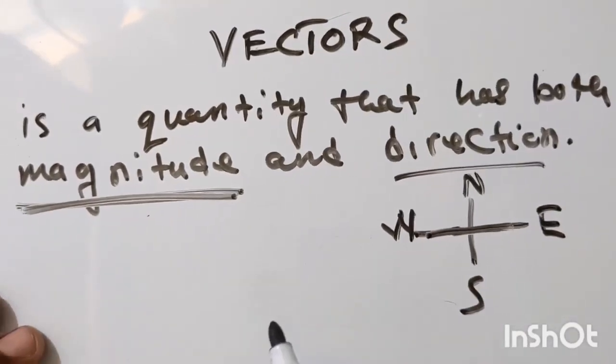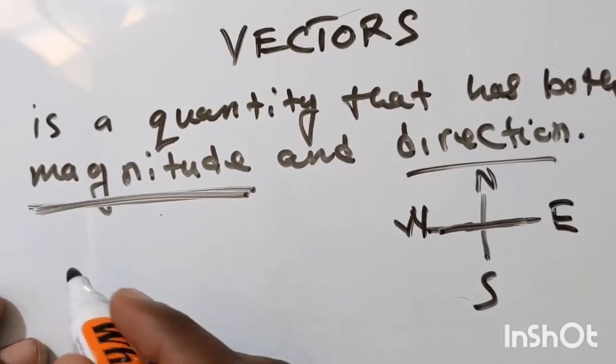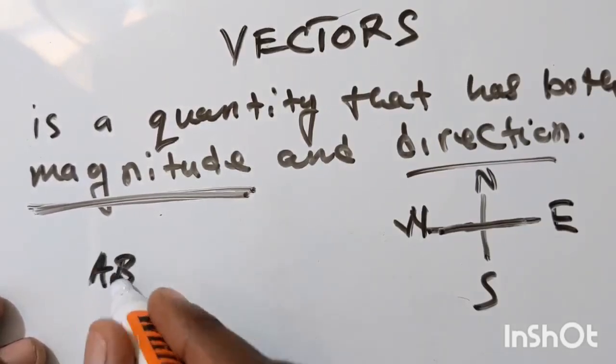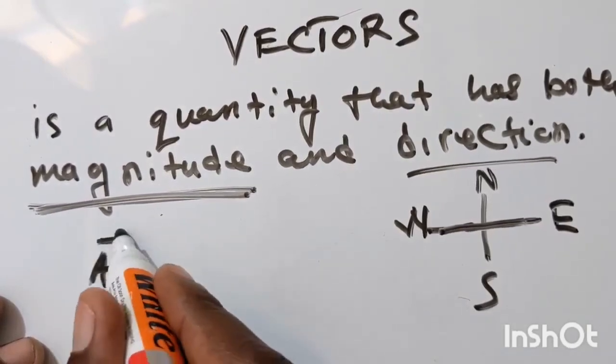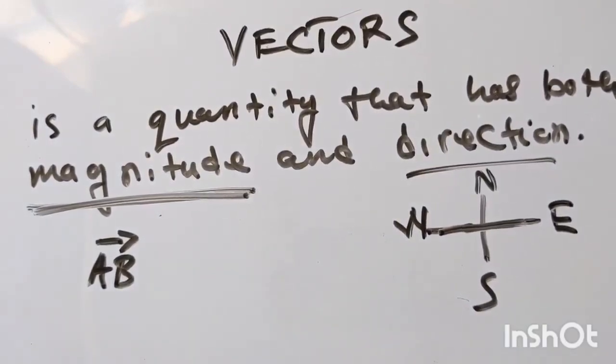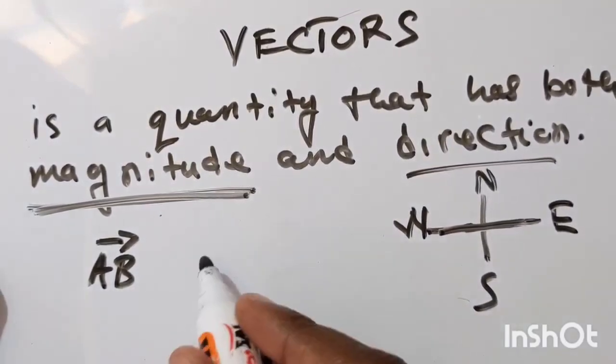Now a vector is denoted by, let's say, A B with a direction arrow above it. That is how a vector is represented.